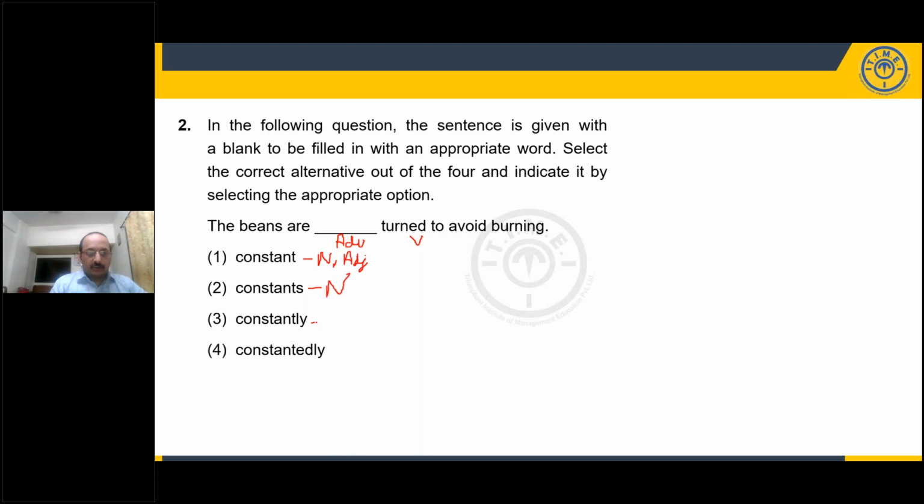Constantly is an adverb, for example, when I say he's constantly telling me not to do this particular thing. And constantly, of course, is not at all a word in English. So as we saw, I need an adverb over here. So I'll go for option number 3. The beans are constantly turned to avoid burning. Option number 3 becomes the right answer.